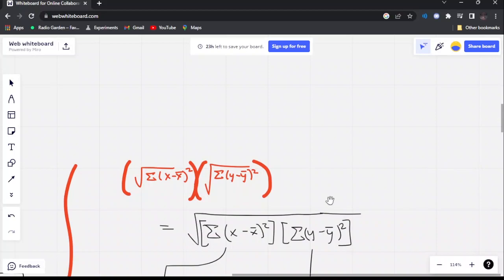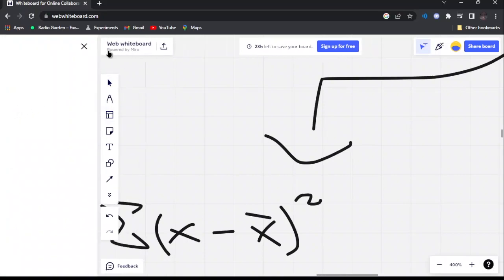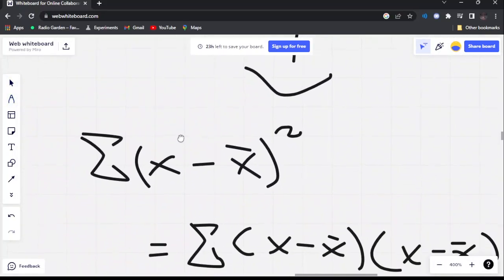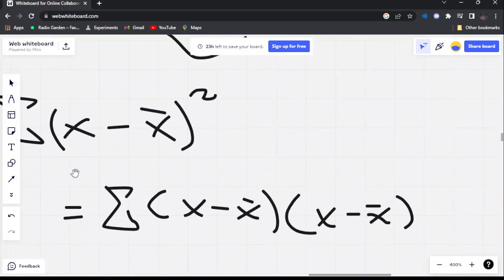So let's start first with the summation of x minus x bar squared. The first thing we need to do is to expound this term right here. So we would have it like this. Next, we need to distribute x and also x bar to the summation of x minus x bar.